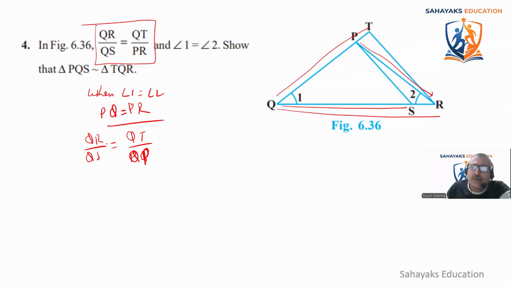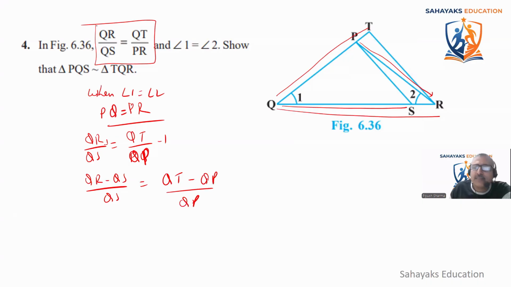I'm subtracting 1 from both the sides. So when I subtract, what happens? It becomes QR minus QS divided by QS is equal to QT minus QP divided by QP.